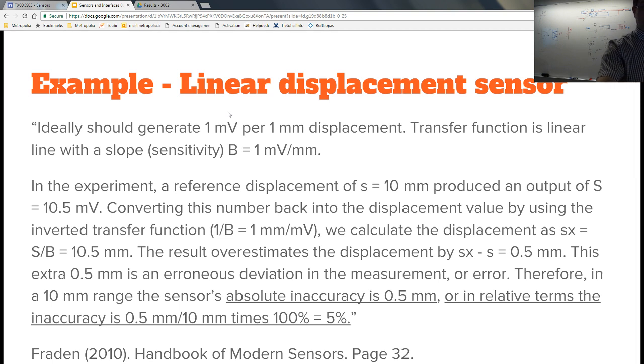10 millimeters would provide 10.5. Okay, 1 point calibration, you can actually then do that kind of math. So okay, it says inaccuracy of 0.5 millimeter and so on.